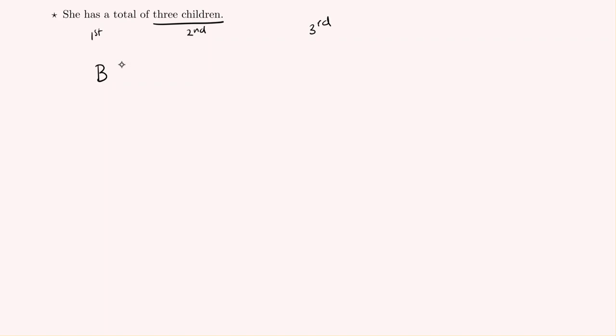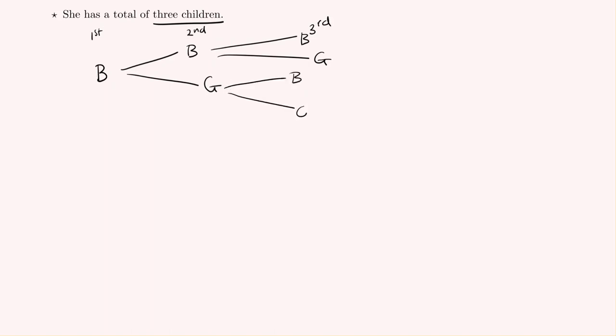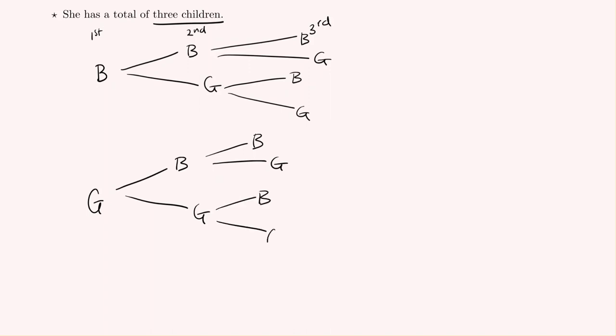If you have the boy first, that could be followed with another boy or a girl. And then the third child could be a boy or a girl. Similarly, if we had boy then girl, the next child could be a boy or a girl. If instead we had a girl first, then that follows with boy, then girl, boy, then girl, boy, then girl.